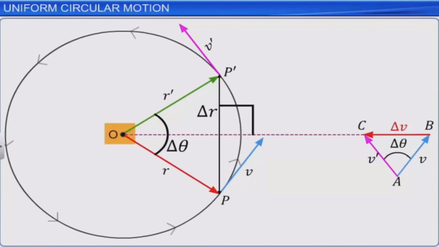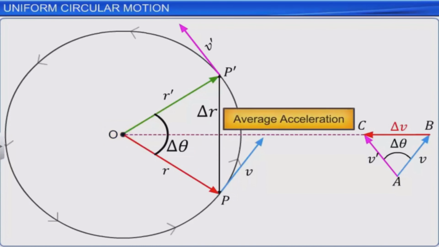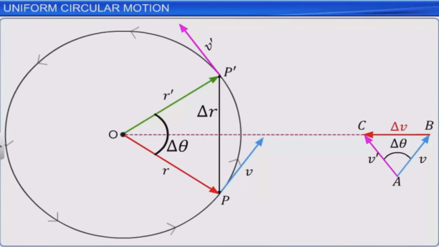The average acceleration acts along delta v. Therefore, average acceleration a bar is directed towards the center of the circle. We can verify all these by changing the position of the point P'.